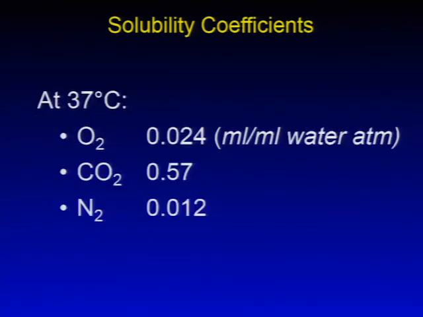At 37 degrees Celsius, the solubility coefficients of the major gases are as follows: oxygen 0.024, carbon dioxide 0.57, and nitrogen 0.012. As I mentioned before, carbon dioxide has a solubility coefficient about 20 times higher than oxygen.